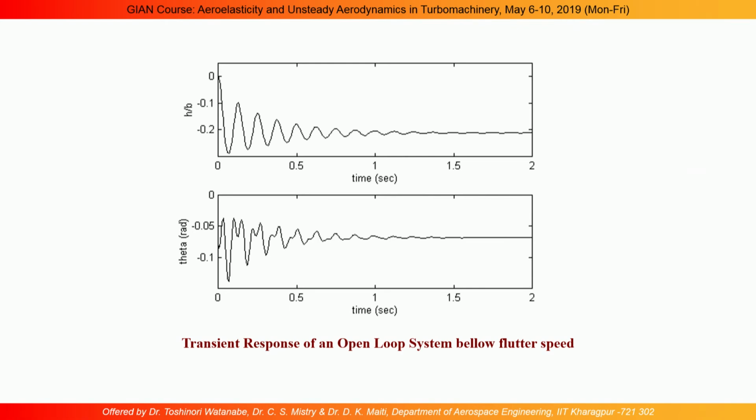I have the system matrix. For those who are habituated to control analysis, we use the state space method. When expressing in state space, I can get a step response, a state response of the A matrix. At a velocity lower than the flutter velocity, I will get a response like this.